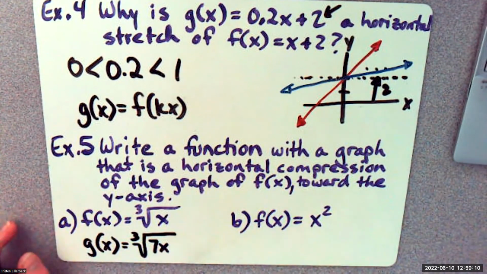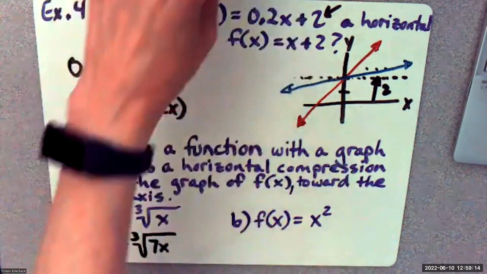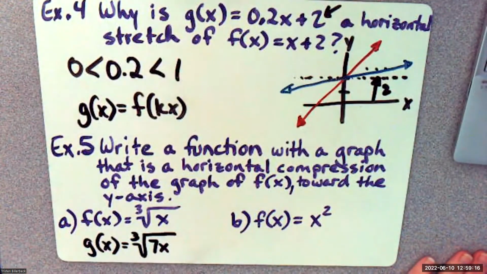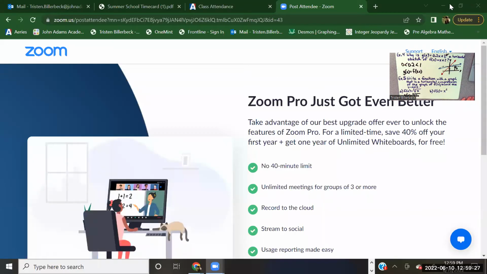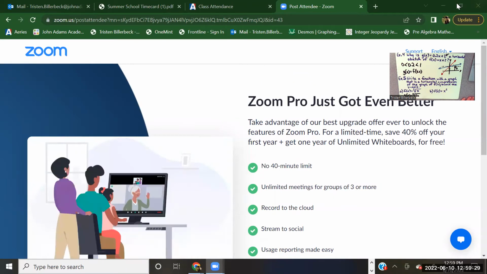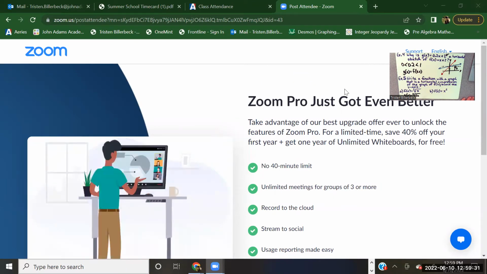Let's use some Desmos really quickly and see, because sometimes this can be a little bit challenging. Let's go to Desmos.